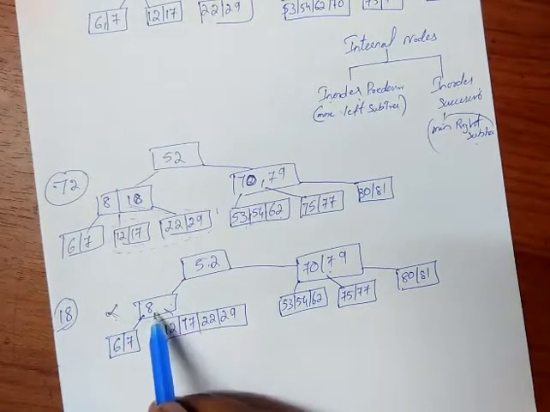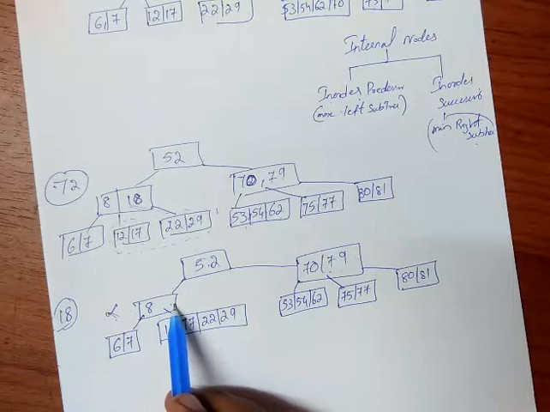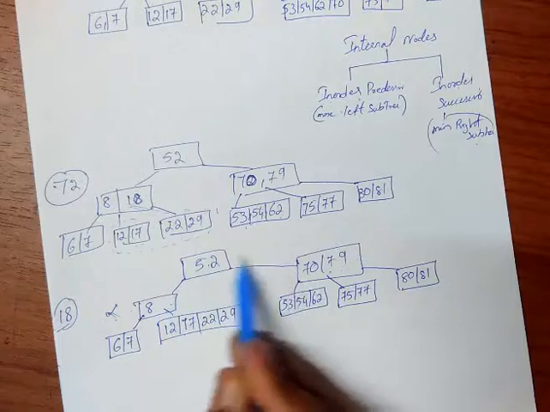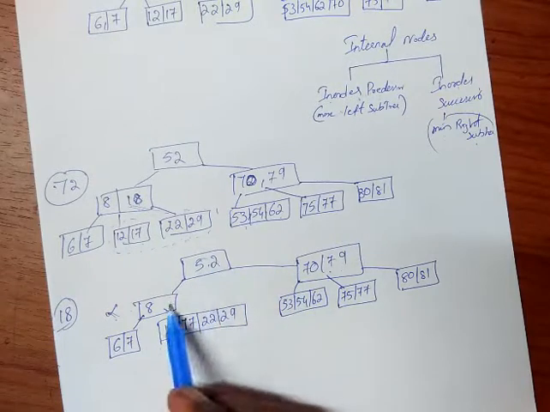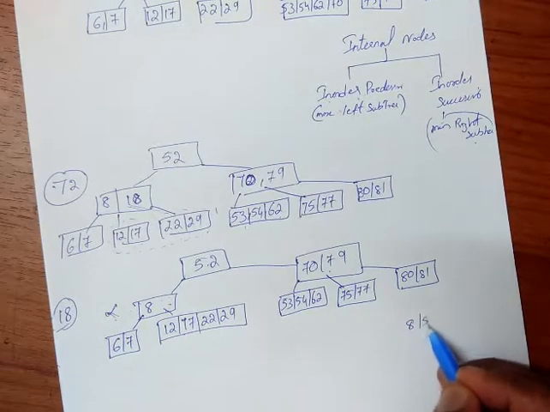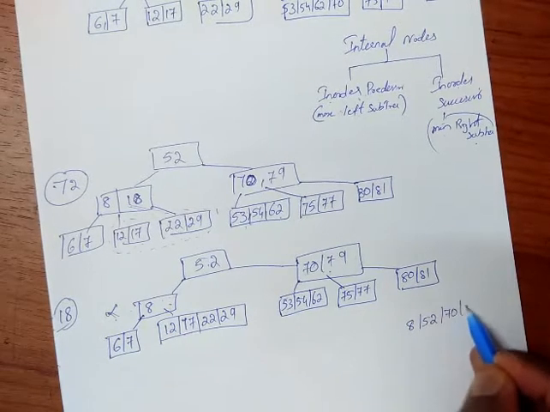But when doing this, we found that there is only one element, 8, in the second level, so it is actually violating the rule. So we need to modify this again. We know that if a node contains less than the minimum number of keys, it has to borrow from the sibling. Here the sibling is 70, 79, so we connect it using the parent: 8, 52, then 70 and 79.